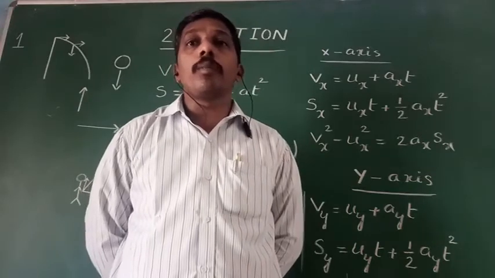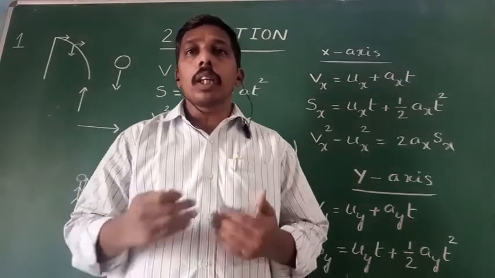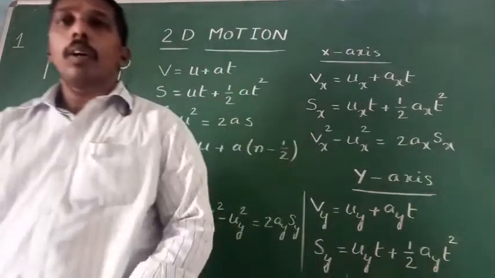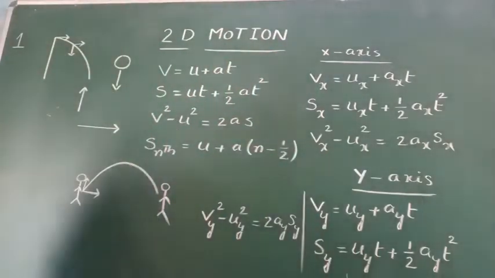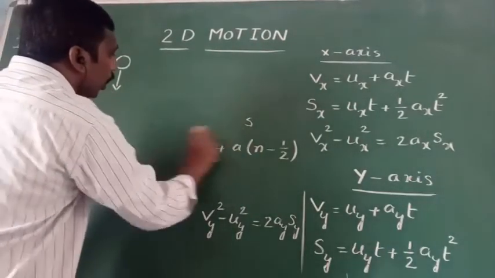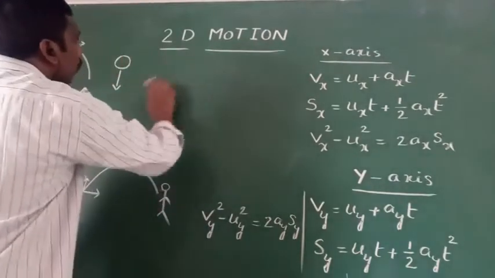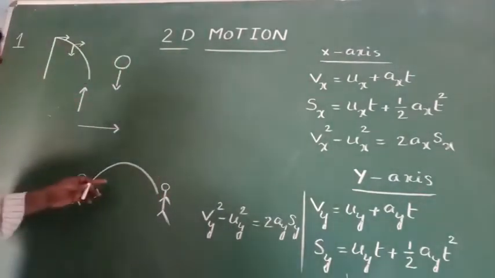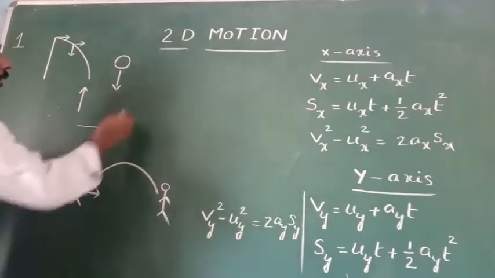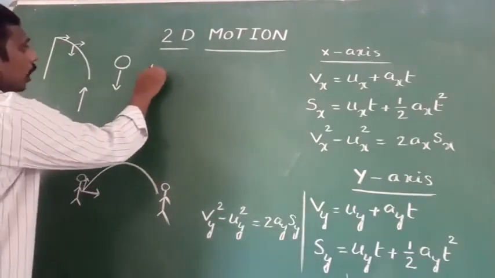Then how can you combine velocities along the horizontal direction and vertical direction? Sir, to combine or to explain the velocity, we know vectors. In vector notation, we can add these quantities. Suppose in this, what is the initial velocity of the body? Then we can write an equation like this for initial velocity.